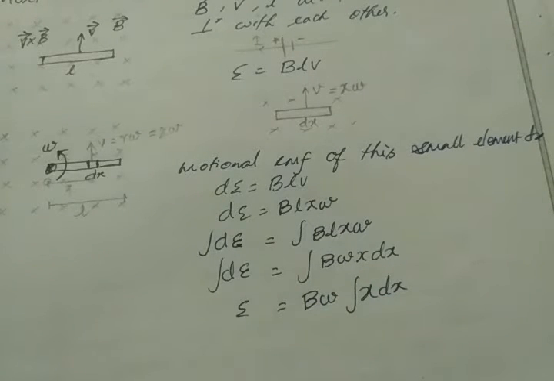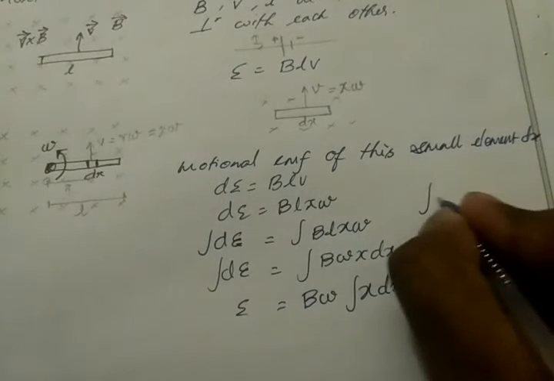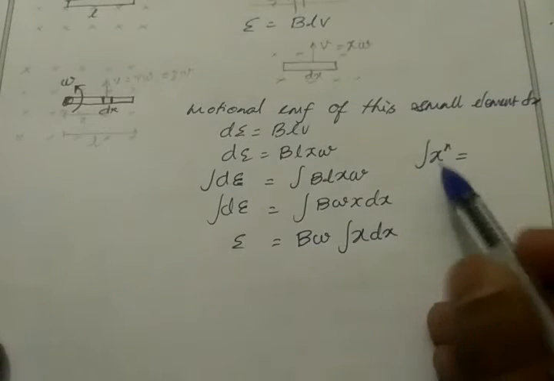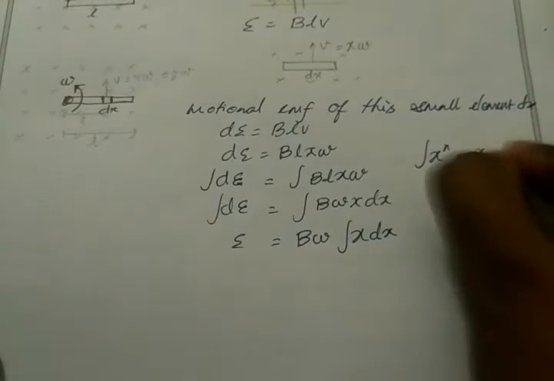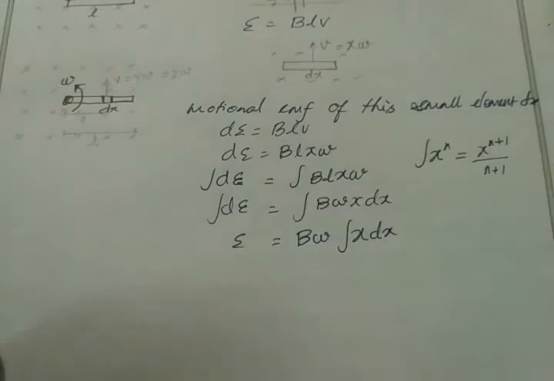What is the general form of integration? If we integrate x power n, we get x power n plus 1 divided by n plus 1.